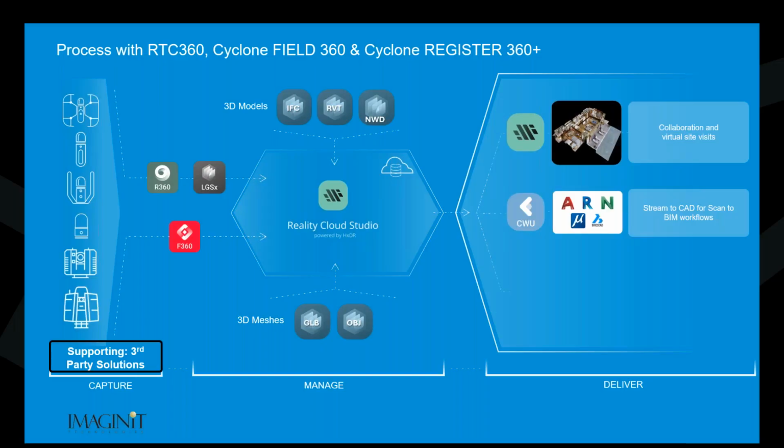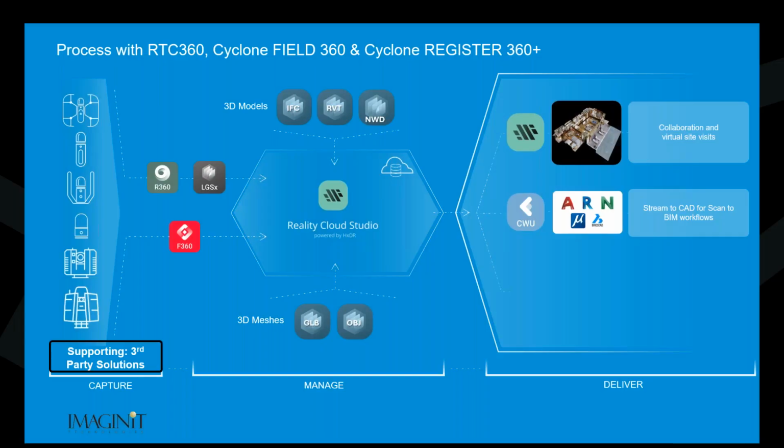Okay, I can also now stream all of my point clouds into the different drafting software with CloudWorks. They've added the ability to stream directly from Reality Cloud Studio through CloudWorks into Revit or AutoCAD or Navisworks.